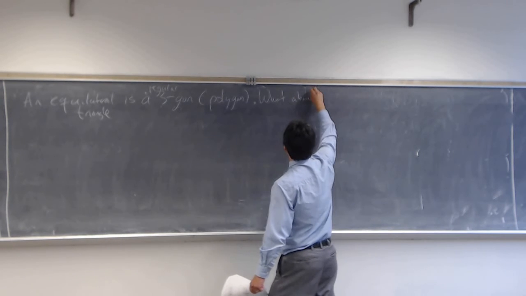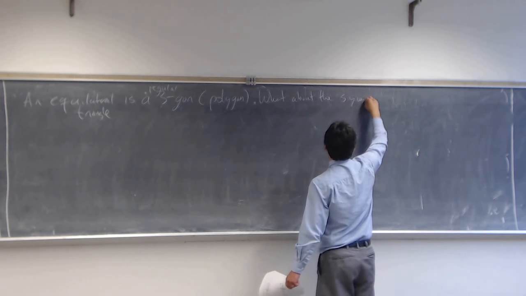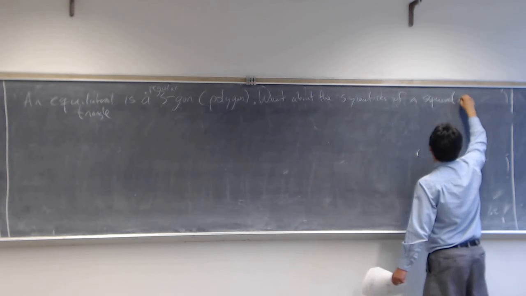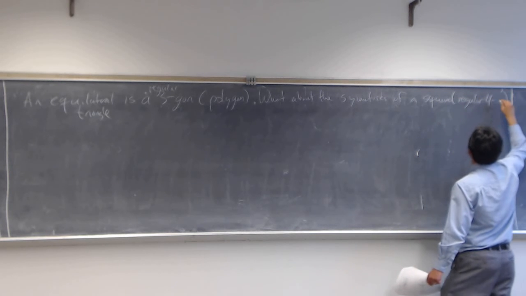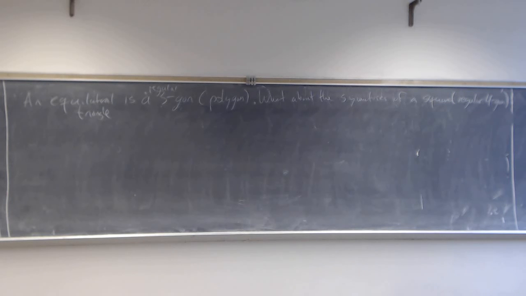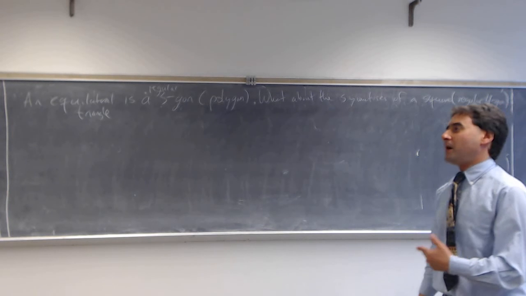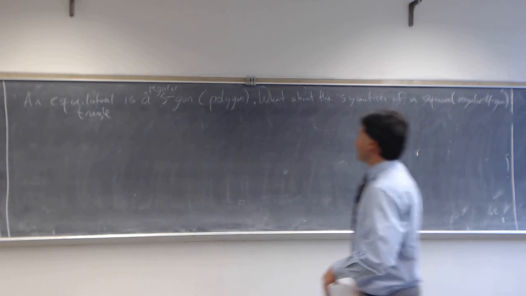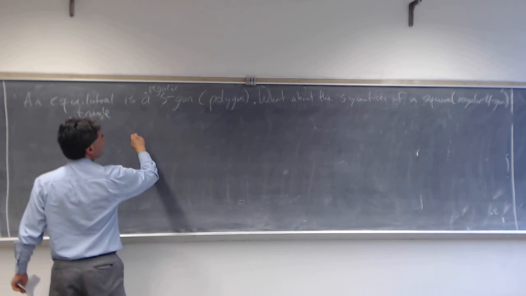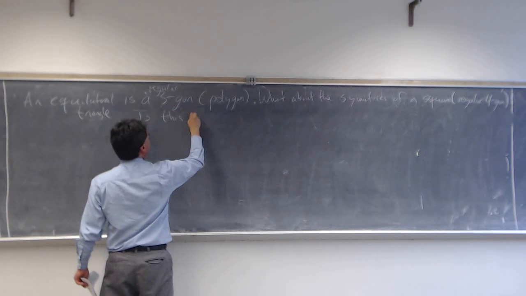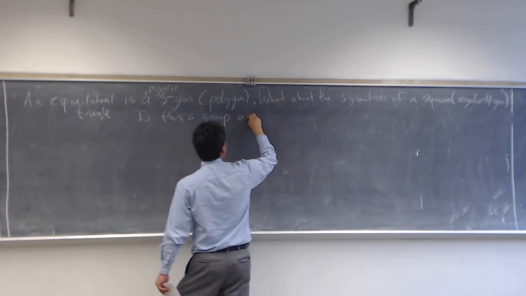So what about the symmetries of a square, which is a regular 4-gon, a regular polygon with 4 sides? Again, a regular polygon is a polygon where all the sides and all the interior angles have the same length. Is this a group under composition?